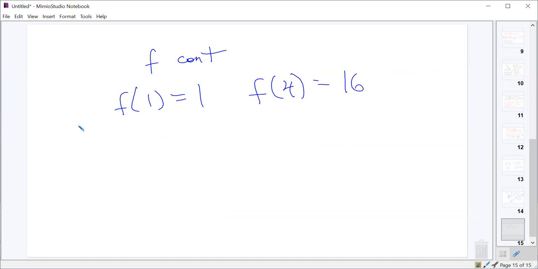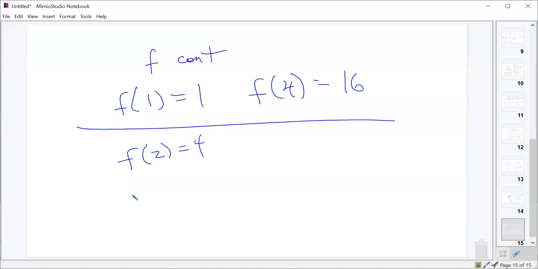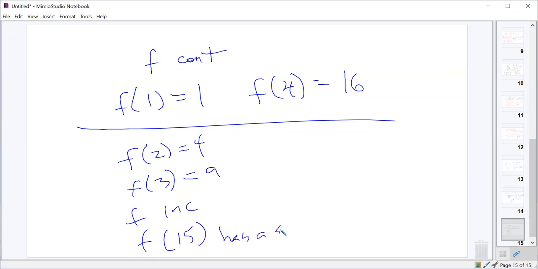And then they'll give you a bunch of ridiculous answer choices like, f of 2 must be 4, f of 3 must be 9, f must always be increasing. Or one like f of x equals 15 has a solution on 1 to 4.